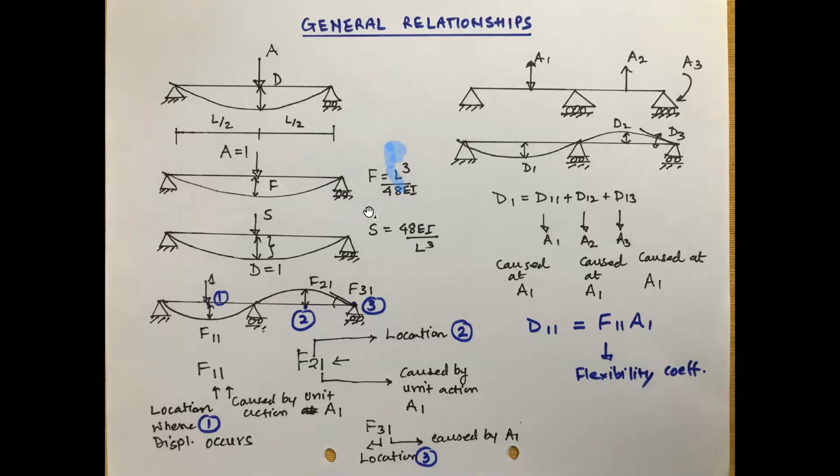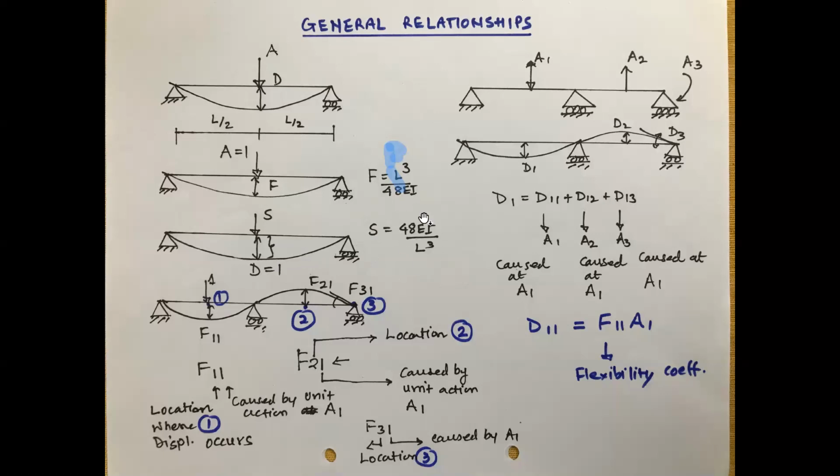Similarly for stiffness, which is the opposite: I know the equation delta equals PL cube by 48 EI. Stiffness is the force because of a unit applied deflection. So when you make delta equal to 1, you want to calculate the force, and that is the stiffness.